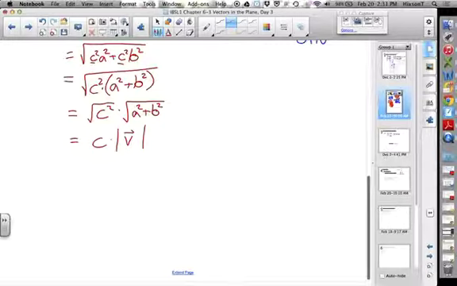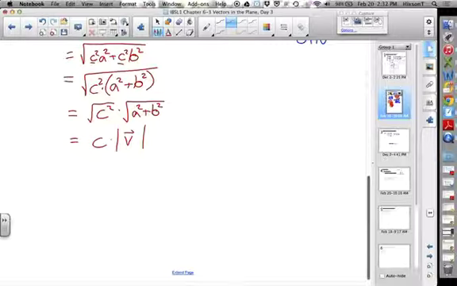If I had a magnitude of 10 and I wanted the magnitude to be 1, I could multiply it by 1/10, multiplying each component by 1/10. And that would be how we could make a unit vector.